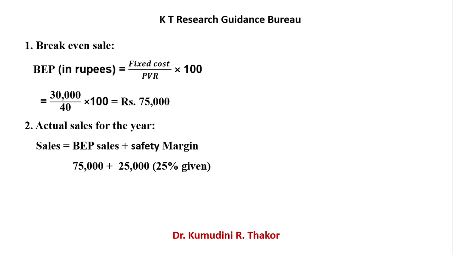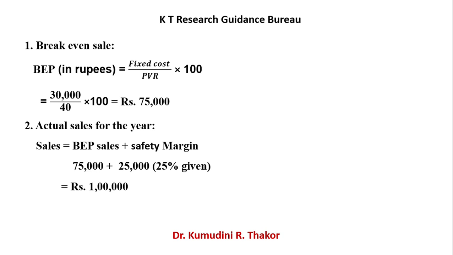Margin of safety is 25%. So obviously it is 25,000. So your sales is rupees 1 lakh. It is easy to understand. Only you have the idea about sales is equal to BEP sales plus safety margin. Then you can calculate sales very easily.